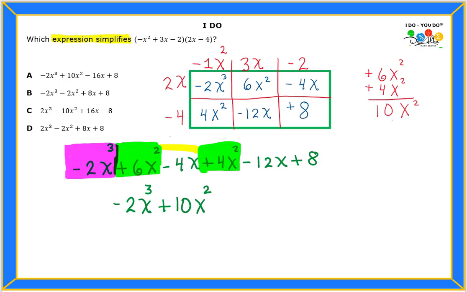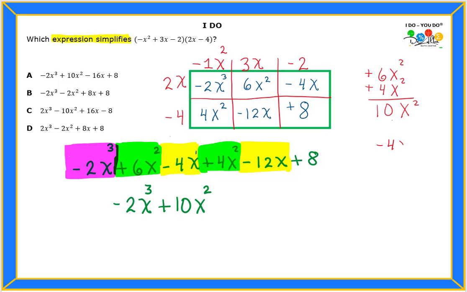Do you see anything that has x by itself? And I'm not talking about the coefficient. I'm talking about no exponent or an exponent of 1, if you really want to put it like that, right? Yes, we do have another one, which is negative 12x. Okay, so those two that I highlighted right now, I'm going to bring them here.